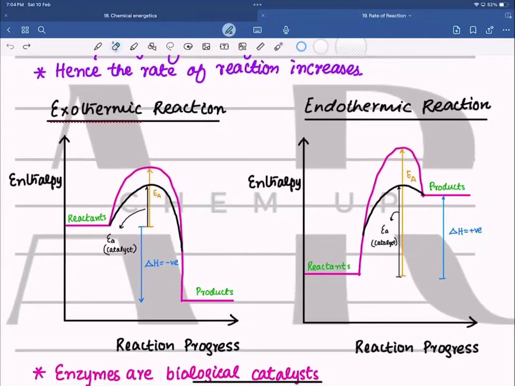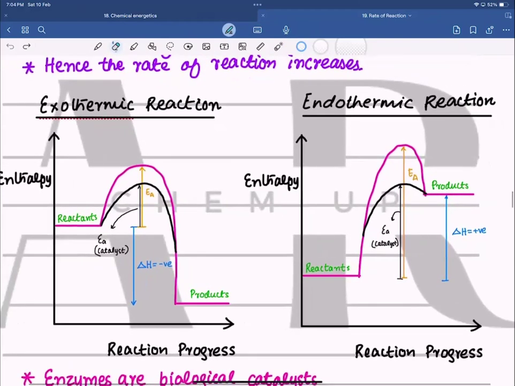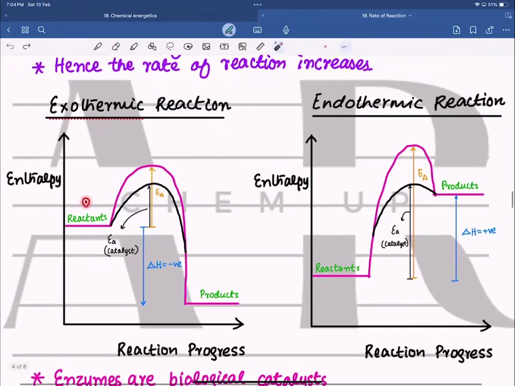Sir, I have a question: how is the activation energy lowered? It provides an alternative path. You can relate it to this: for example, some people are standing over here, and this is the mountain, and from this mountain they have to reach this destination.